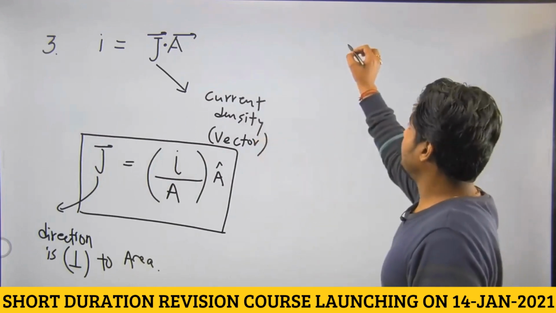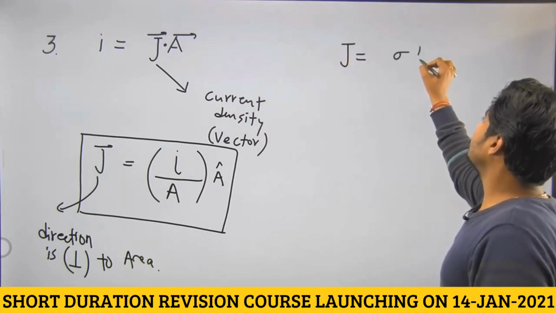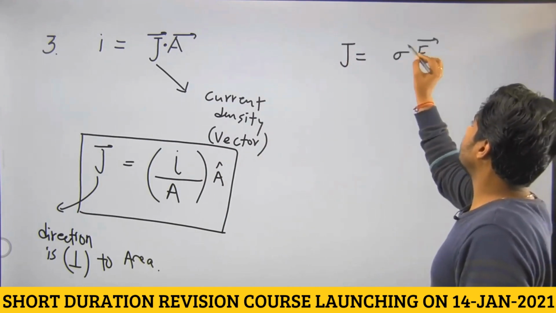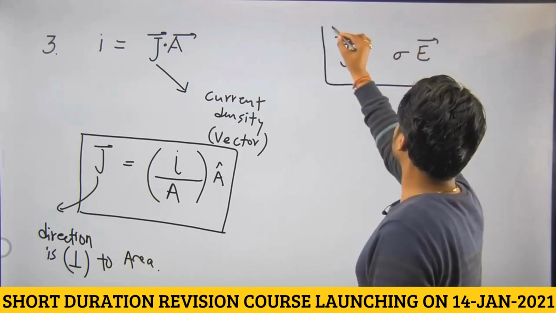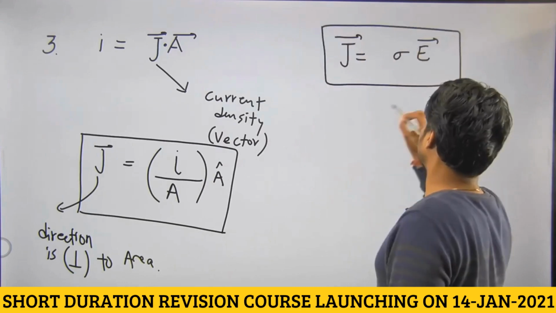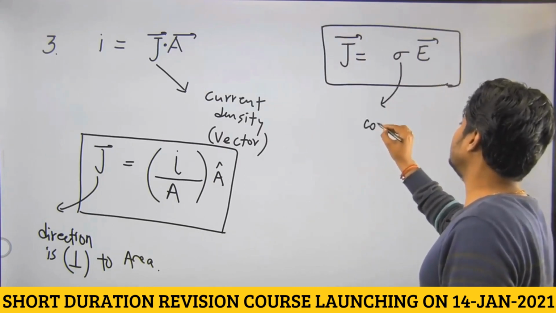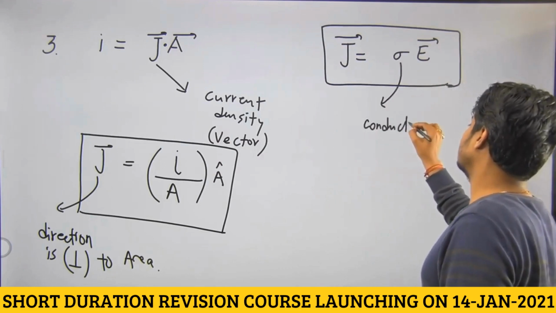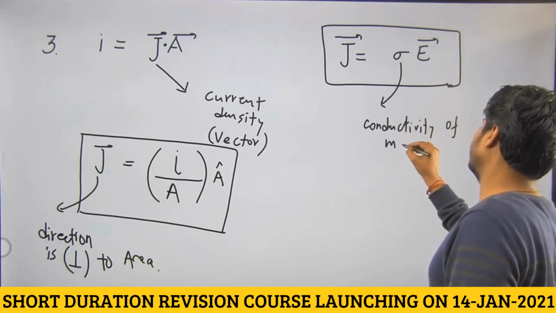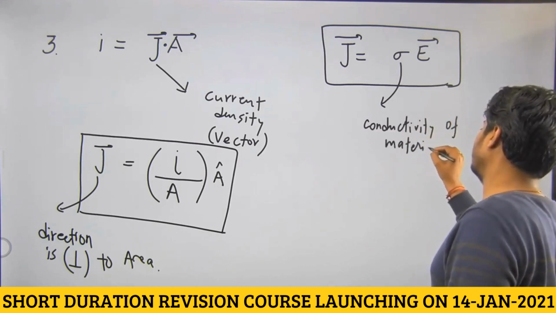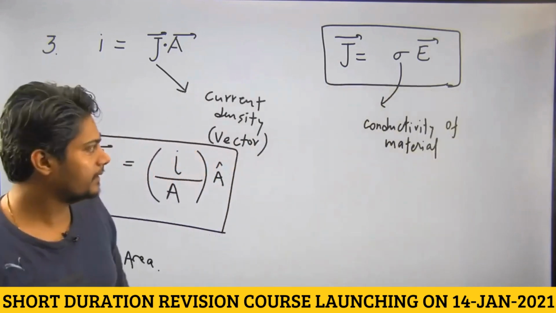Now this J can also be related as sigma times E, where E is the internal electric field. This is a very important relation, where sigma is called the conductivity of the material.